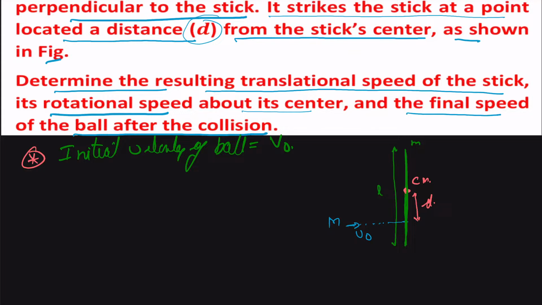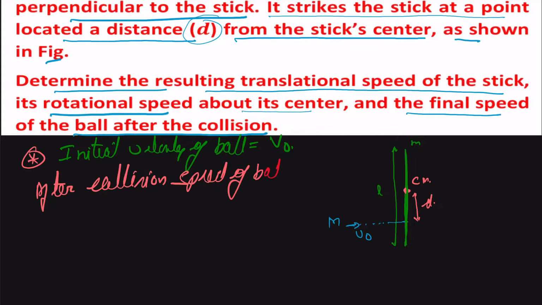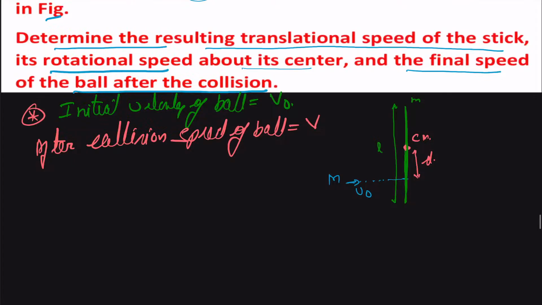So we can say after collision, speed of ball is suppose v, and the center of mass speed after collision is suppose small v.